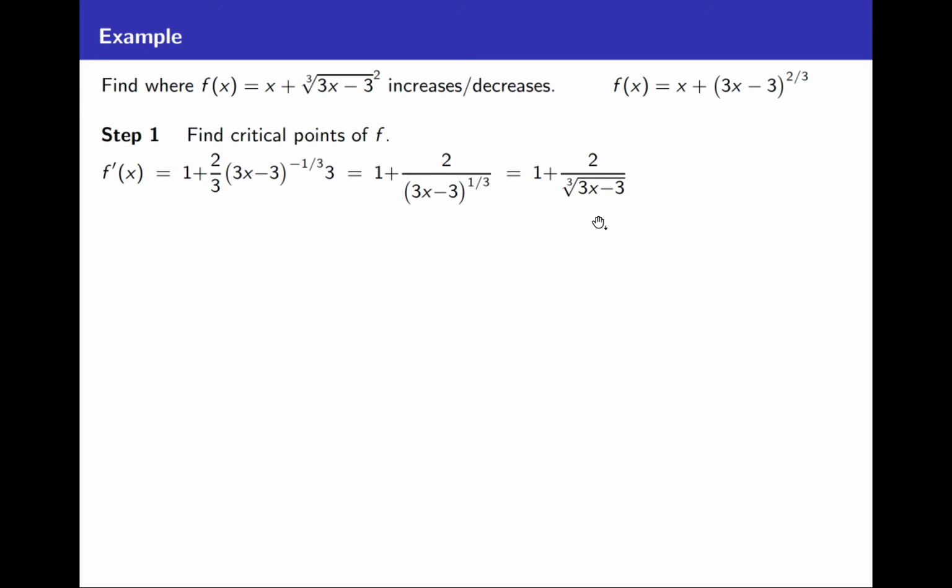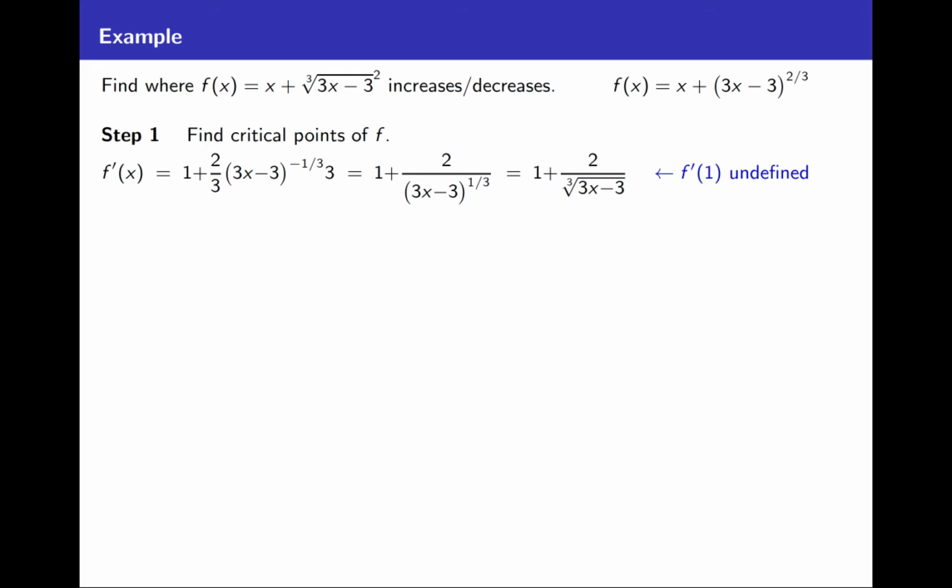So you can see from just looking at f prime that f prime of 1 is undefined because you're dividing by 0. And any other x could be plugged into f prime, but not 1. So there is our first critical point. X equals 1 is a critical point of f.